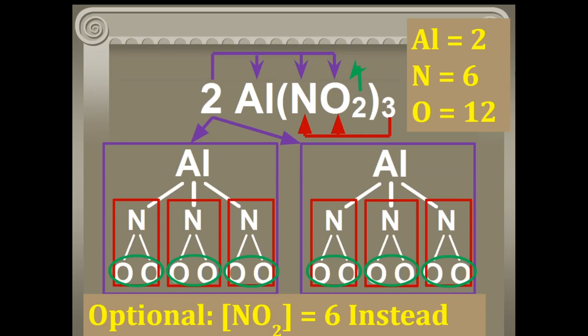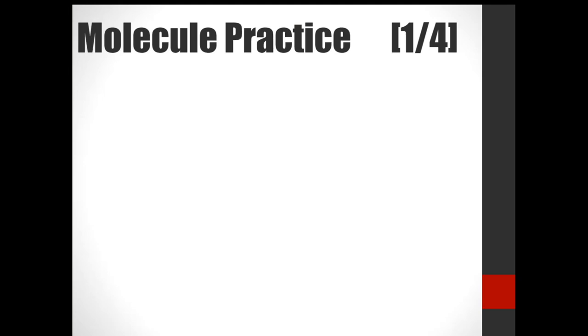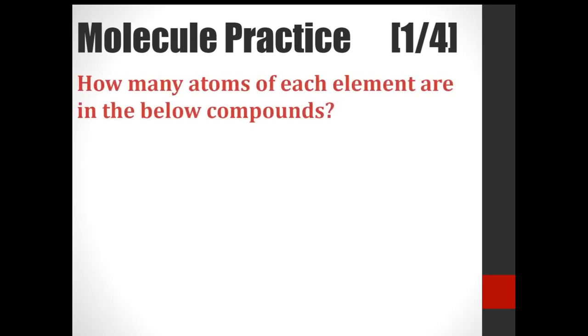You could also have just said there were 6 nitrites, because nitrite is a thing. Polyatomics exist as a single piece, and so we can count those instead of the pieces that make that up if we wish. So the answer then would be Al2(NO2)6.